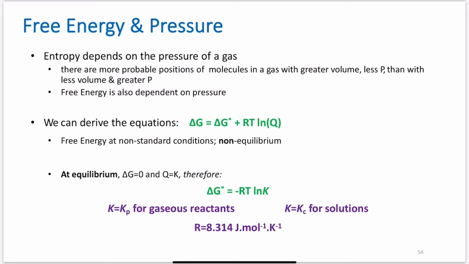Well, if I've got delta G equal to 0, that means 0 is equal to delta G naught plus RT ln.